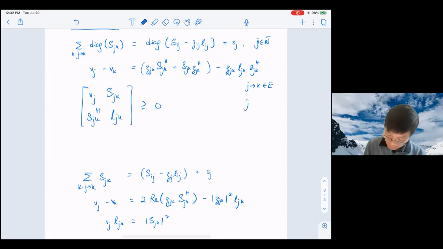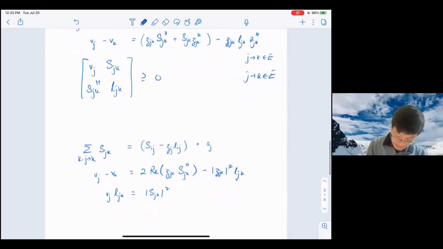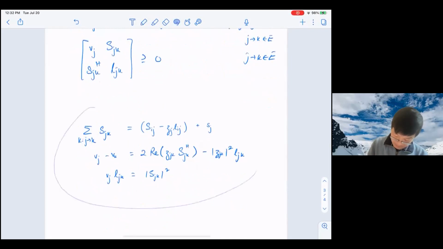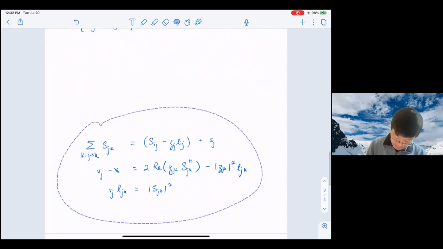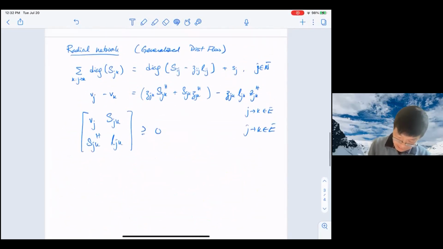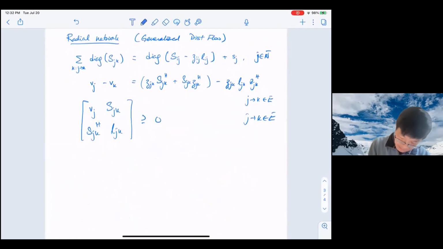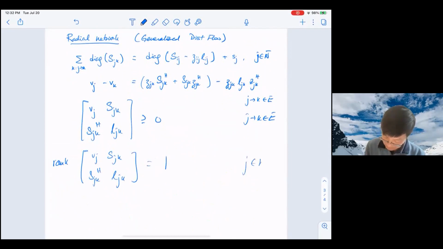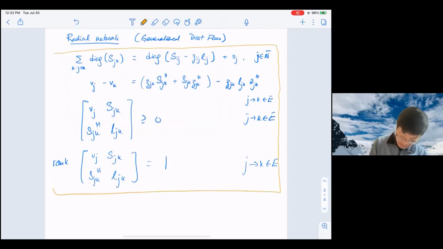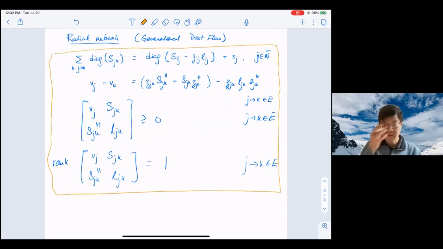Okay, so this is for every j, k. So this is the generalized branch flow model for a three-phase radial network without shunt elements.